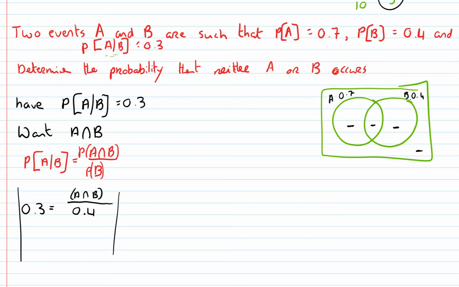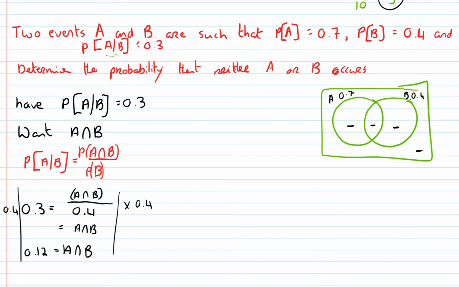Quick bit of algebra. I want to get rid of this, so I'm going to multiply by 0.4. If I'm multiplying this side by 0.4, I should be left with A intersection B. And that will give me 0.12 equals A intersection B. So I can start filling this in now.